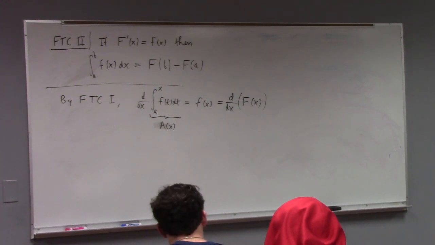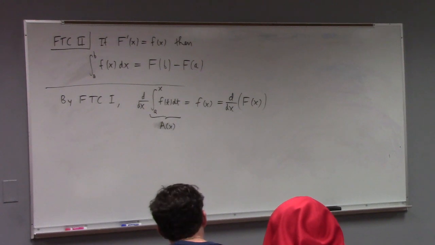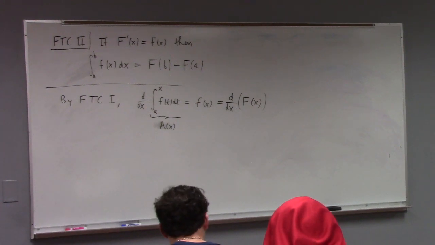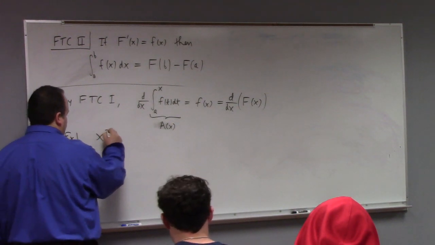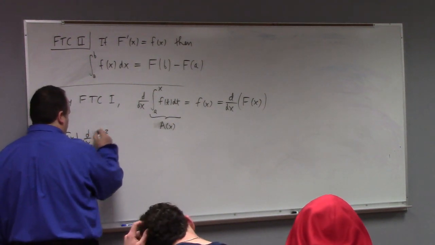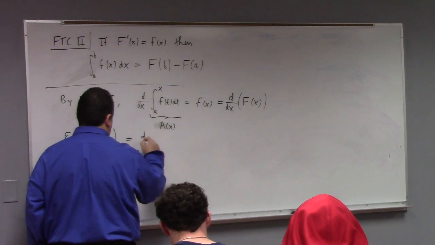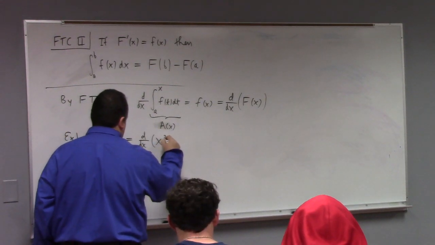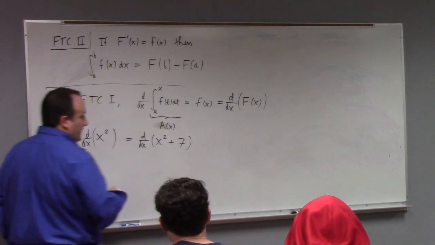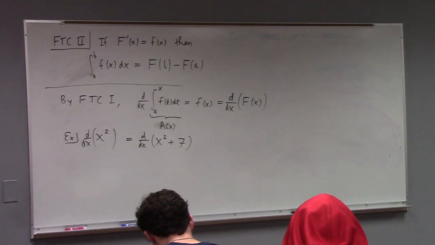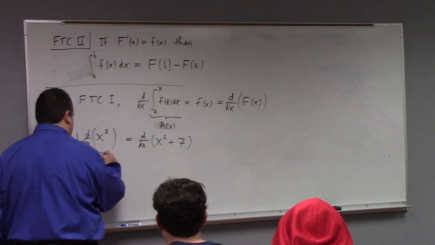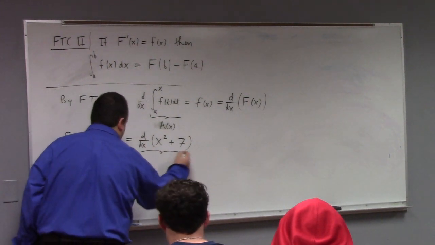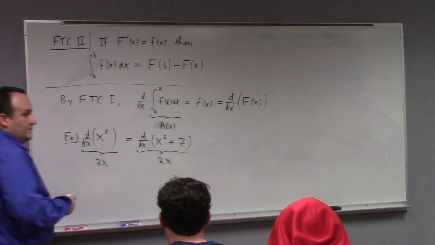What does that mean? If the derivatives of two functions are equal, what does that tell you? They're equal? They're not equal, no. For example, let me show you that. If I had x squared, and if I had x squared plus 7, you do the derivative, both of these work out to what? 2x and 2x, right?